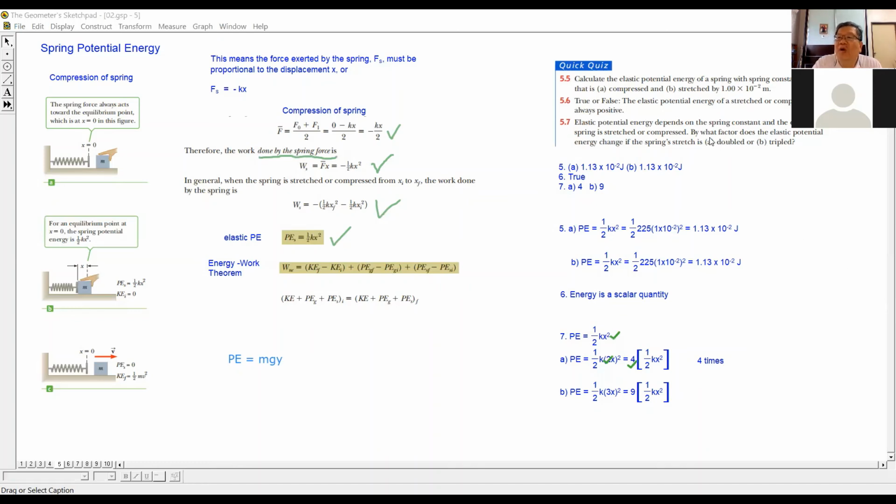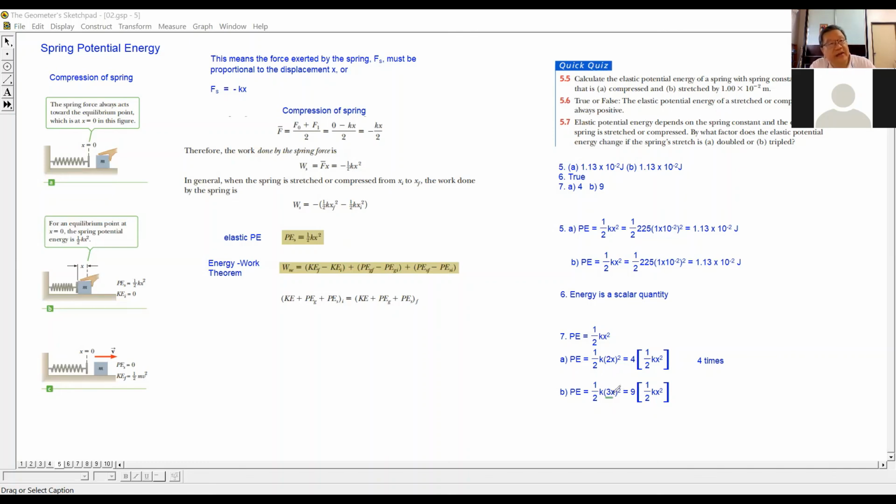Part B. By what factor does the elastic potential energy change if the spring is stretched triple? Triple means 3 times. So of course, initially it will be half kx squared. When the distance is stretched 3 times, instead of x squared, we will have 3x squared. So when you square the 3, it becomes 9.